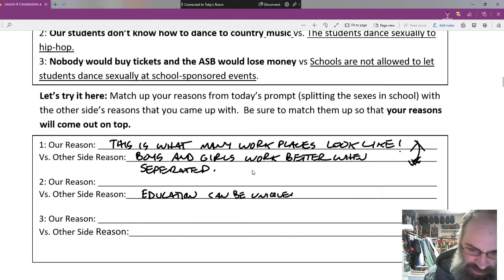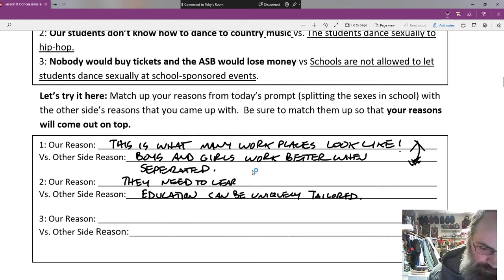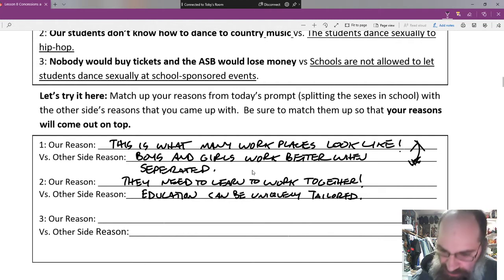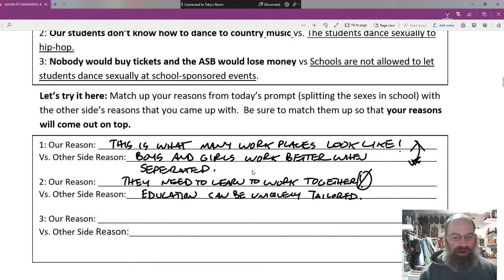Education can be uniquely tailored versus they need to learn to work together. All right, so I really need to stop doing that. All right, so they need to learn to work together, and you get the idea.